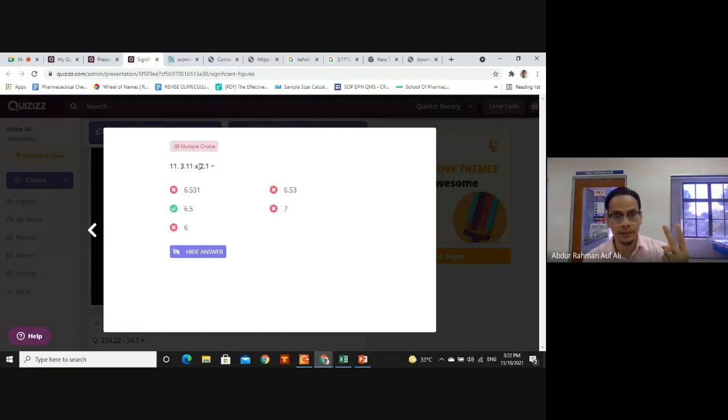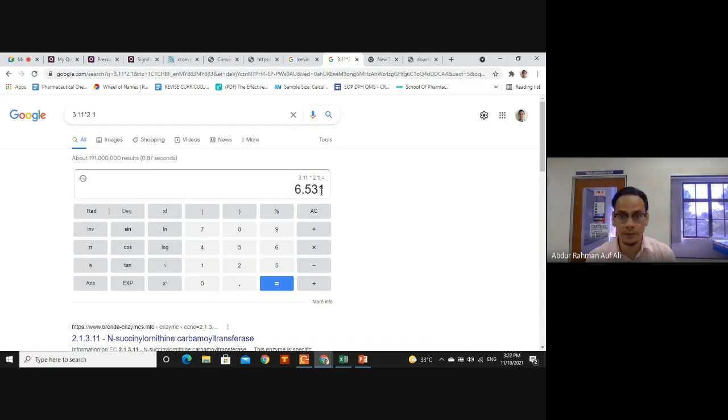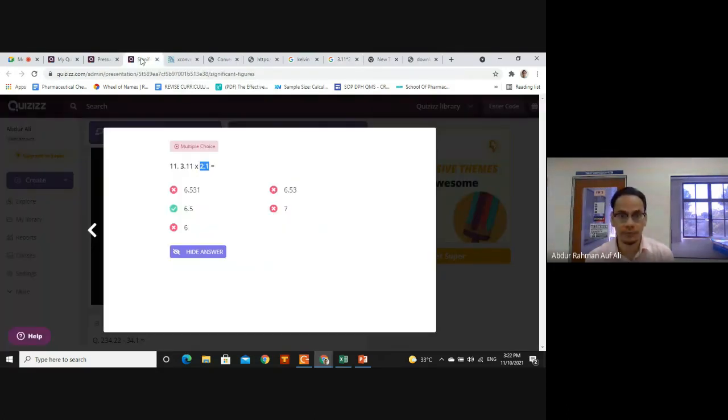So our final answer should be in 2 figures only also. So that's why daripada value tadi 6.531 tu kita only report 6.5. 3 dan 1 kat belakang ni is not significant. Okay, so ada perbezaan antara addition and subtraction dengan multiplication and division.